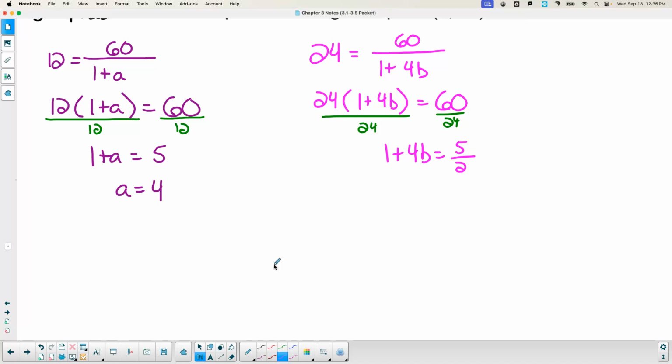Subtract 1. Dividing by 4 is the same as multiplying by 1/4. So then that would give me B here is 3/8.